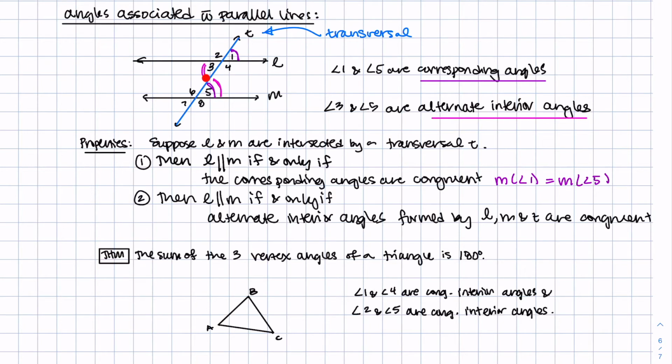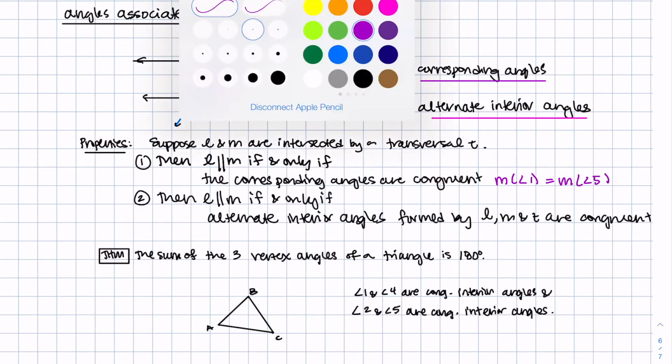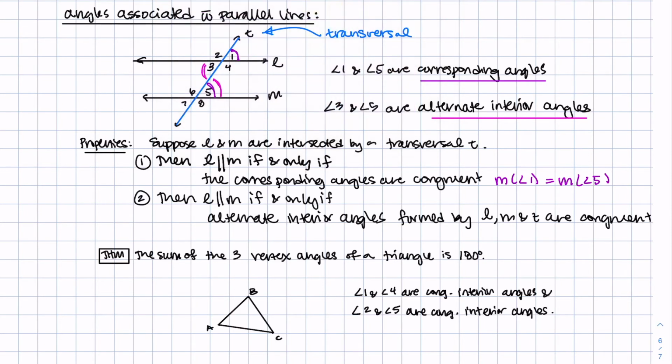So if angles 3 and 5 are the same measure. Notice those are not the same thing as the corresponding angles, but showing that the measure of angle 3 is equal to the measure of angle 5 would also be sufficient to show that those two lines are parallel.